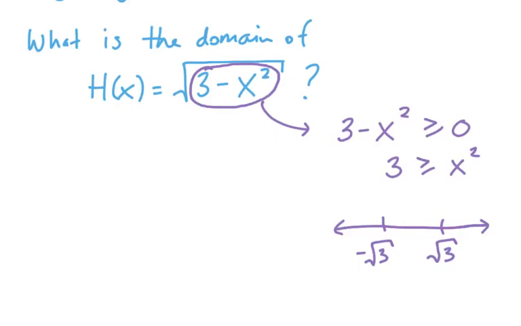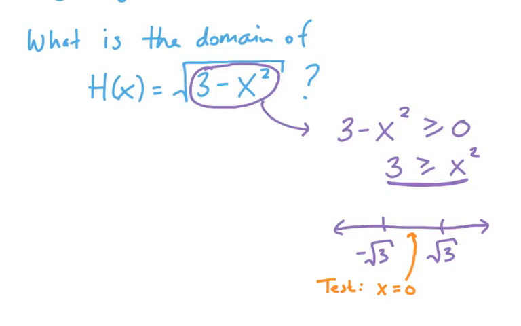So from the inequality that 3 was greater than or equal to x squared, we square rooted both sides to get the plus or minus square root of 3. And then I'm just going to pick a test value to determine which interval or intervals are true. An easy test value to me looks like 0 because I can tell 0 is smack dab in the middle of these two negative and positive radical 3's.